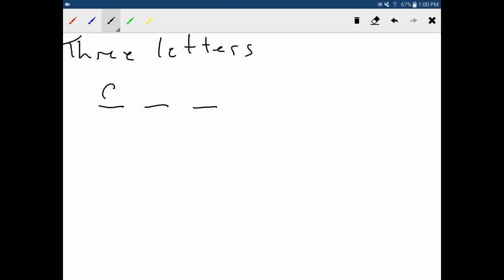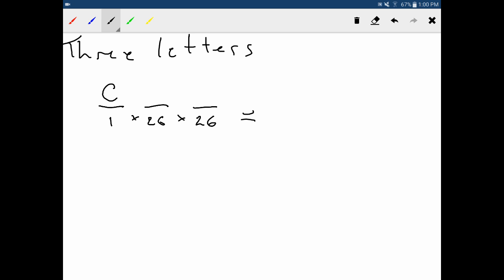So the first one has to be a C. The other 2 can be anything. So there's one possibility for this first letter. Okay, for the next one, there are 26 letters to choose from, so we have 26 possibilities. The third one, there's nothing that says you can't repeat, and that's where people tend to make a mistake here. So there's actually 26 possibilities here as well. Often people will write 25 because they're used to using this sort of decreasing number, because that's what a lot of our other questions have been like, but there's nothing to prevent us from using the same letter more than once.